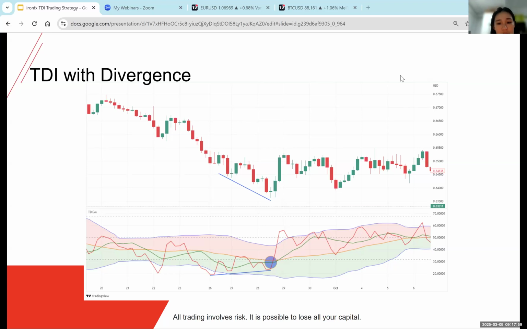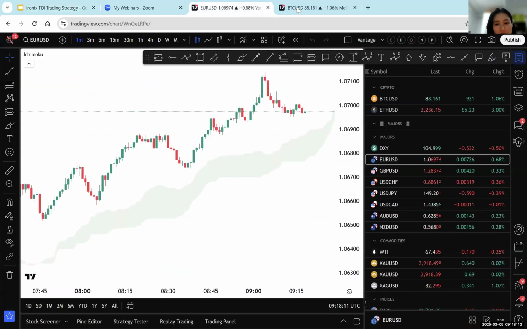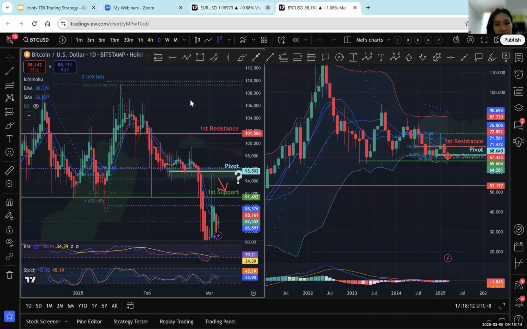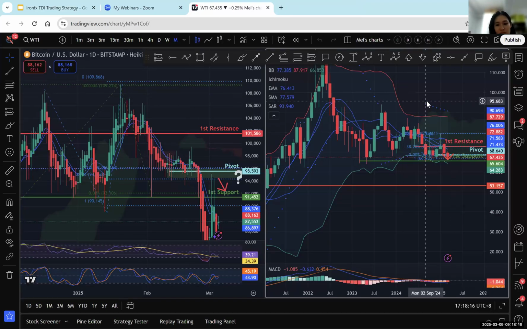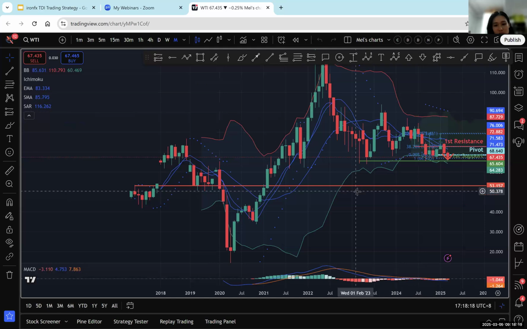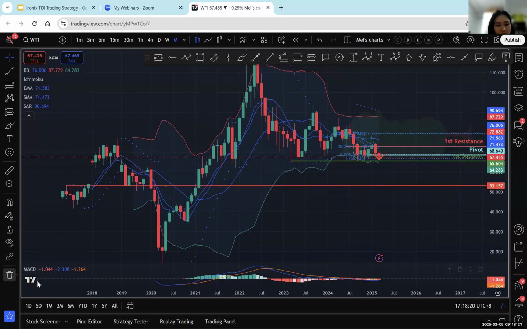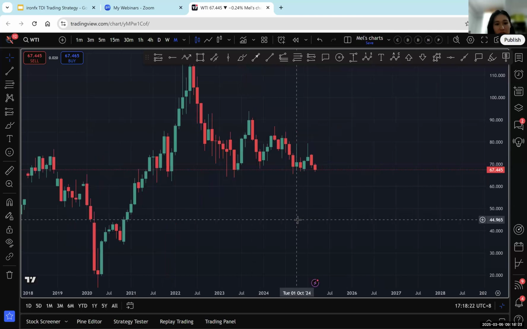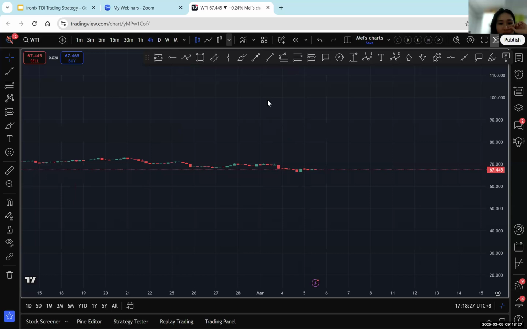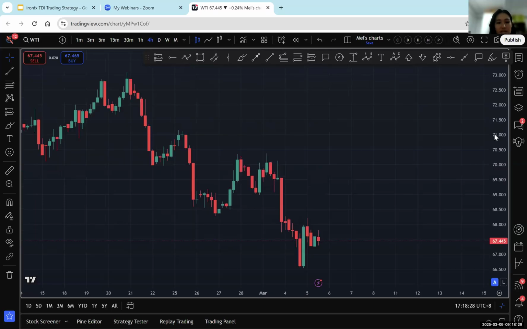How about the period for using RSI, Bollinger, and SMA? Again, it depends on your trading style and time frame. Maybe I can pull up my charts now. The default for RSI, if I'm not wrong, is 14 period RSI.